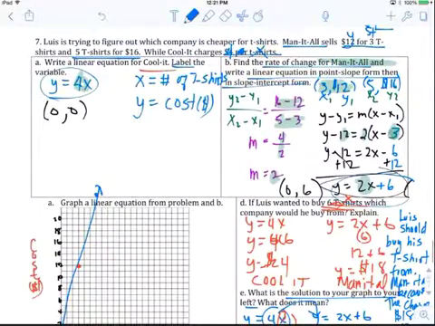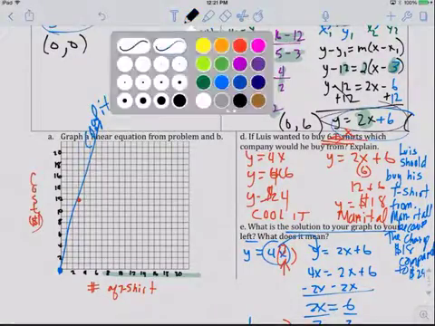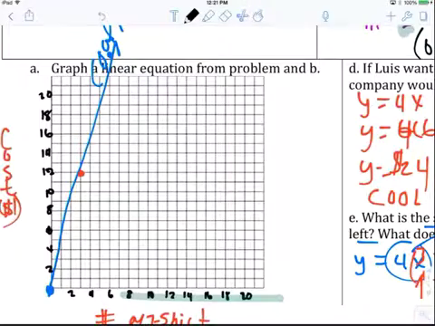Cool It. Let's do Manidol. Manidol starts at 6, 0, right here. And they pass right there, and at 6 it's 18 right here.